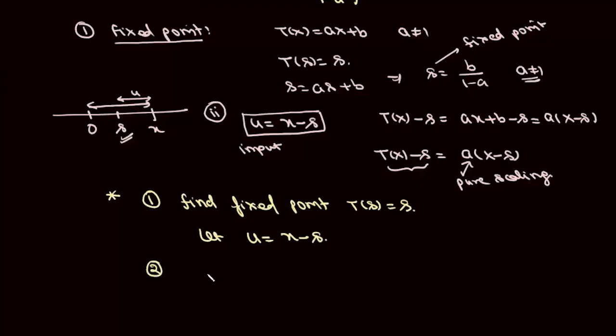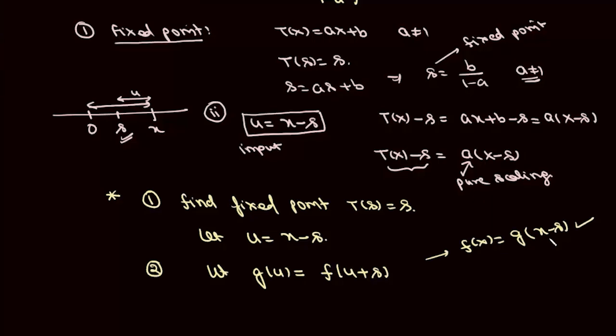We define a companion function g(u) = f(u + s). Since u + s is x, this is basically f(x) = g(x - s). We'll need it in the end when we find f(x) from g(u).